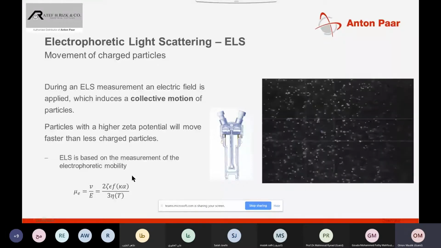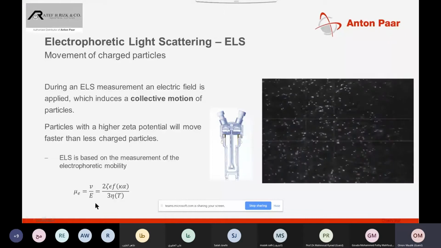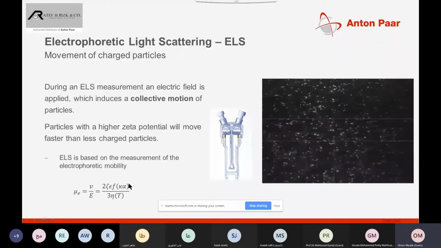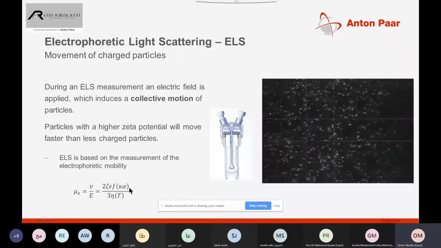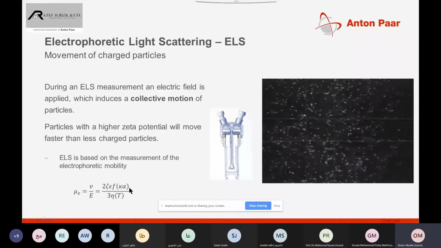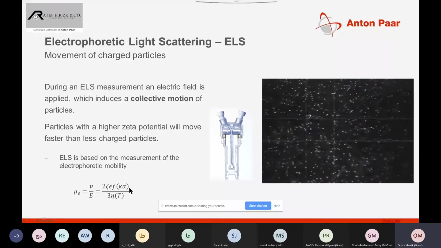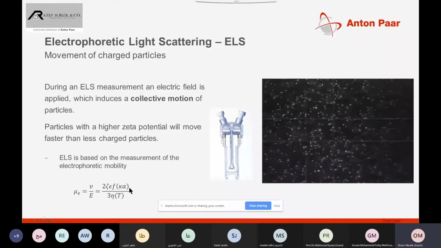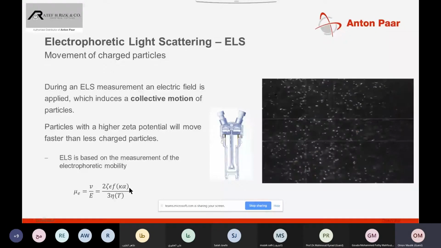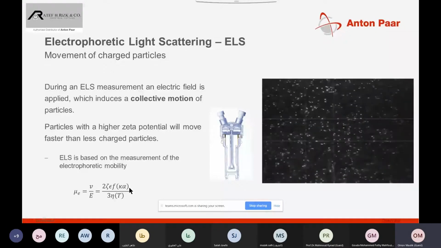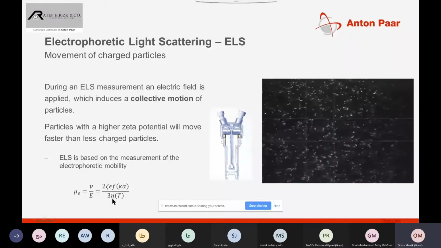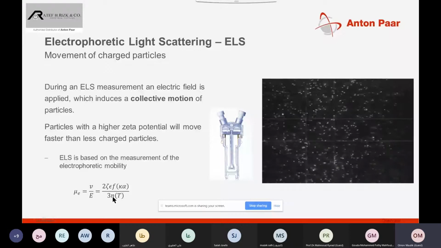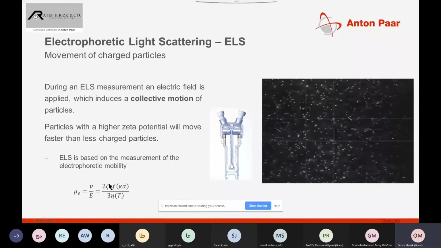When this electrophoretic mobility is put into this particular equation with the Henry functions, which are Huckel, and as Professor Mahmood has explained, for non-polar material, you always have to use the Huckel approximation, and for polar material, you have to use the Smoluchowski approximation. And when we input a viscosity at that particular temperature, we can determine a zeta potential of any particular solution or emulsion.